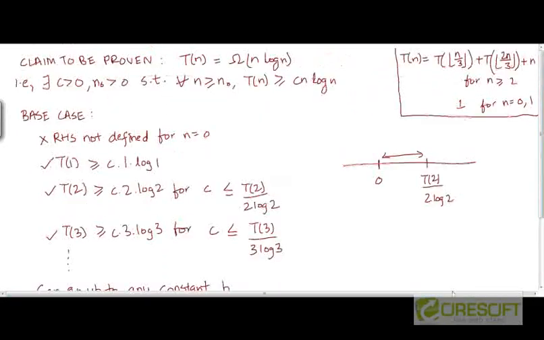So to summarize, we have proven that this recurrence has the solution T of n is big omega of n log n, and in the previous couple of videos we showed that this recurrence also has T of n in big O of n log n.